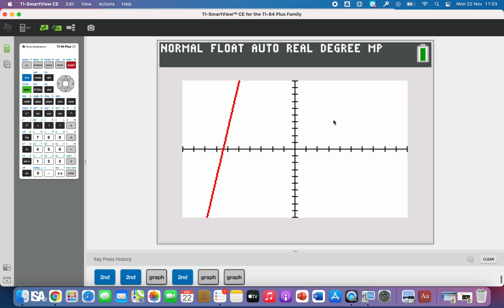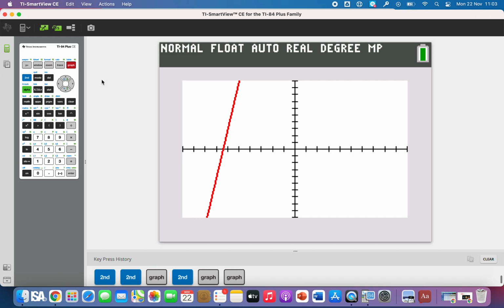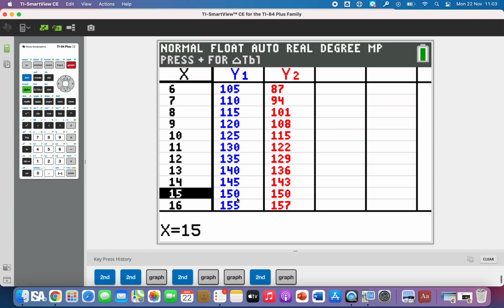Now, as you see, you don't have the two lines for the two formulas. Initially, from the table, you do know that this is the point of intersection, that the cost and the income have to meet at 15, 150.